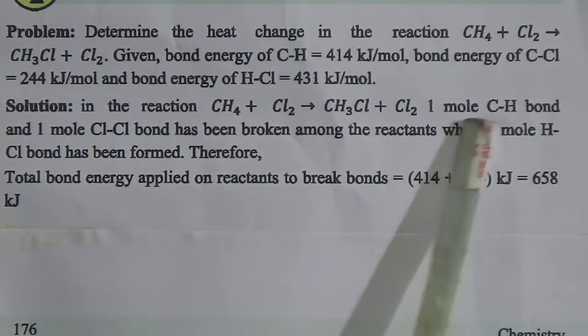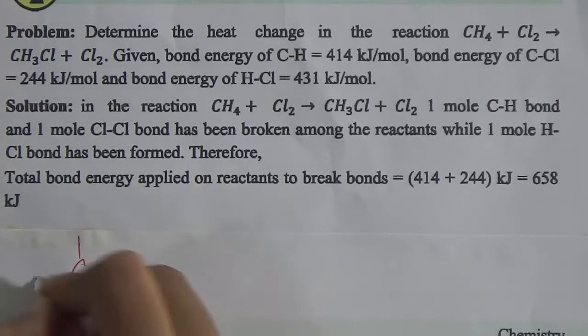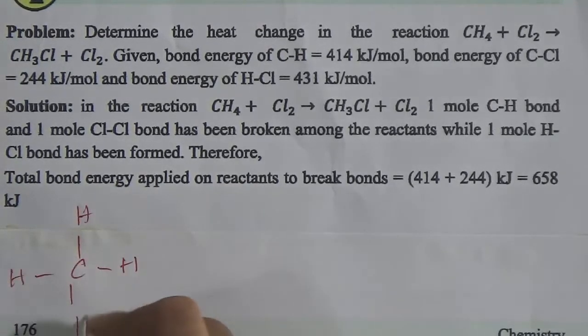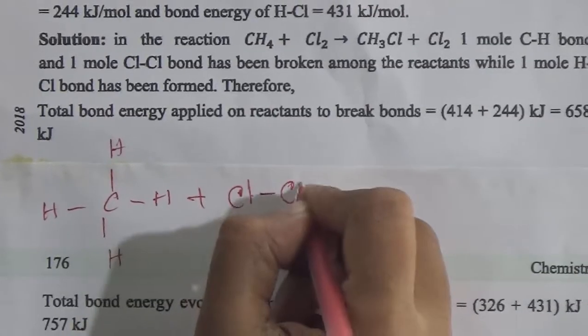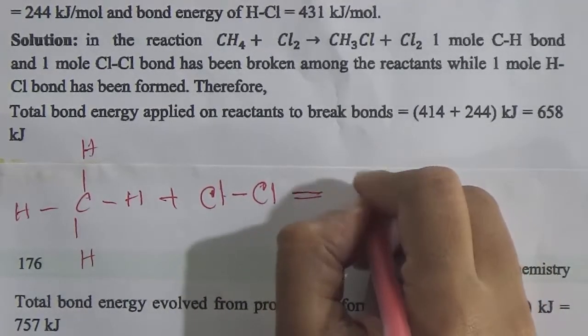Here in the book they give a short description of the problem solving. They give the reaction: 1 mole carbon-hydrogen bond, this is the methane, and this is the chlorine.